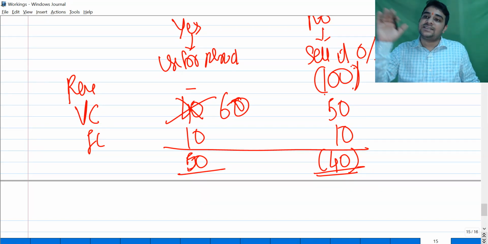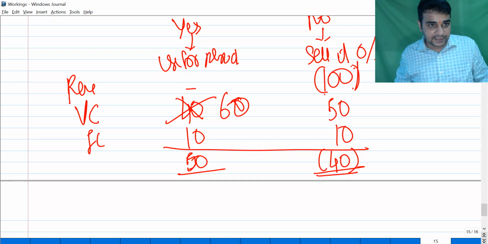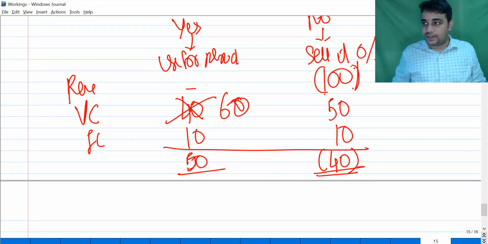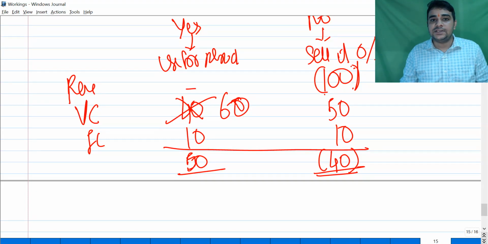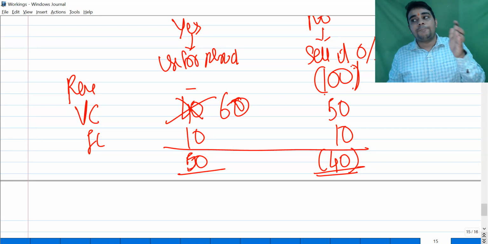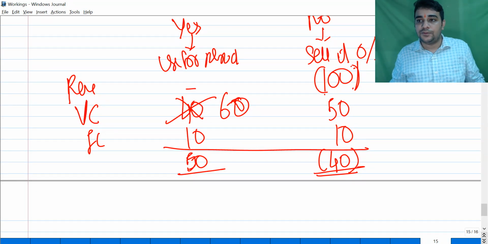Lost revenue plus or minus change in variable cost. If you are incurring extra variable cost, add it. If you are incurring lesser variable cost, subtract it. Net net, imagine the yes and no scenario, that's all. You will have to imagine the yes and no scenario and do it. That's the number which will give you this solution.